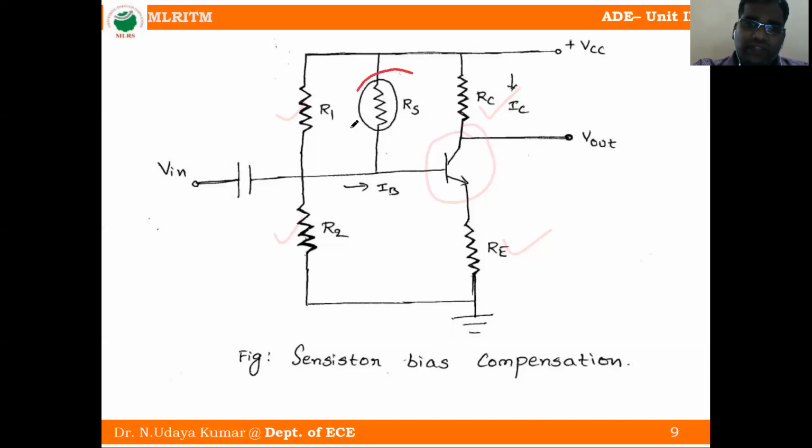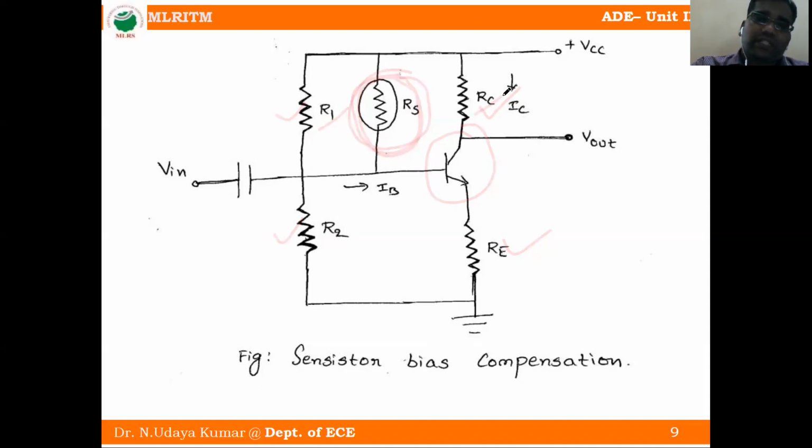This is called RS. RS means sensistor. So the sensistor is connected across R1 or RC. In between that we are connecting a sensistor.